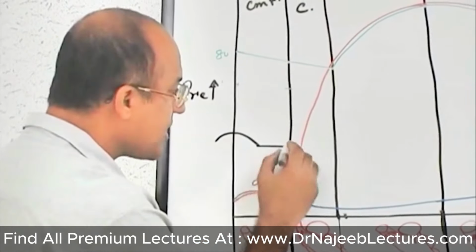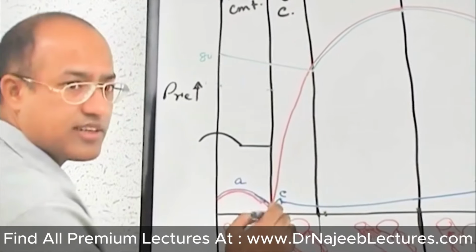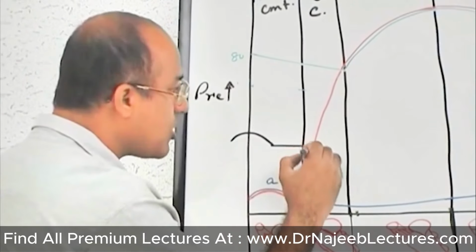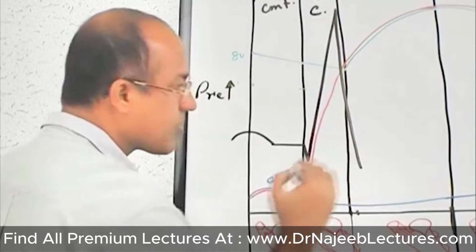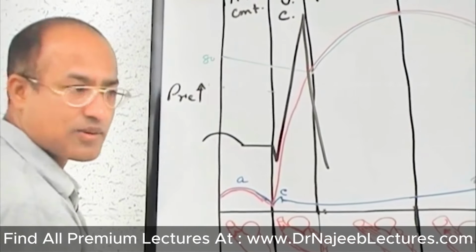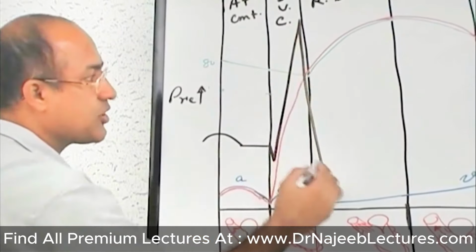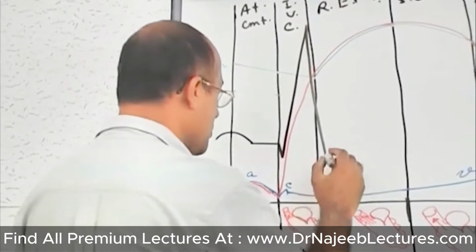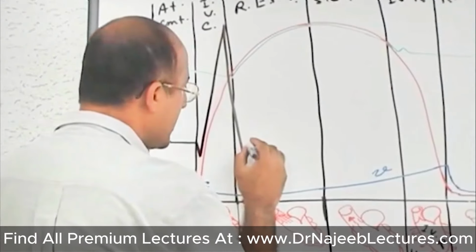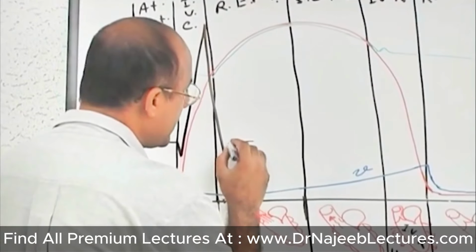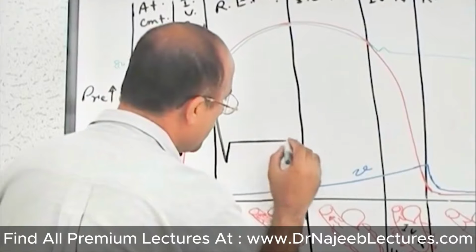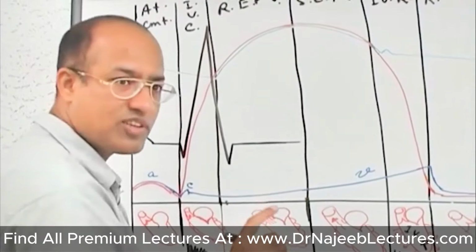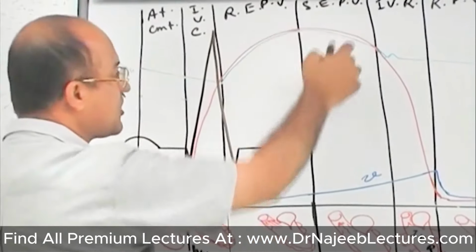And then this is the onset of ventricular contraction. It means there is a strong what? What is this activity? Ventricular depolarization going on, which has taken all the activity. And of course, during the, what is this? ST segment, plateau is there, and you see it is still contracting.